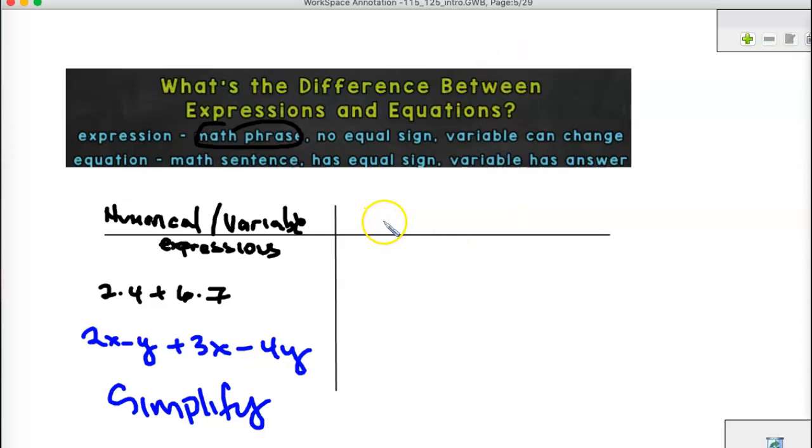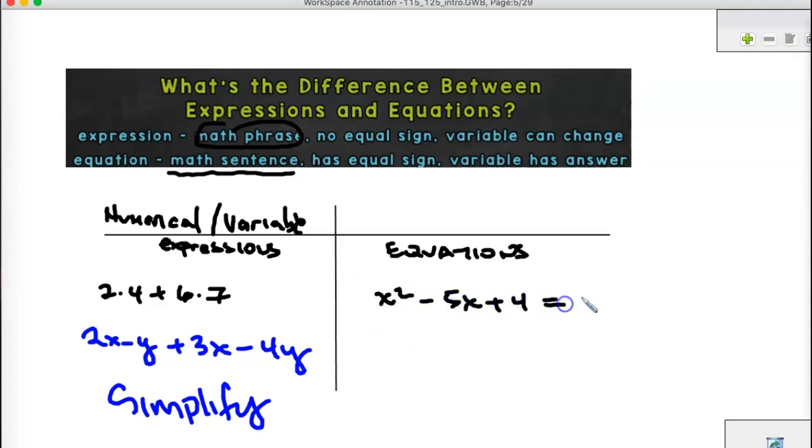On the other side, we have what we call equations. There are a whole lot of equations out there. However, how is it said? It's a math sentence that has an equal sign. So here you have x squared, I'm making this up, 5x plus 4 equals 0. This is an equation, and algebra means to restore, to retain what? Equality.